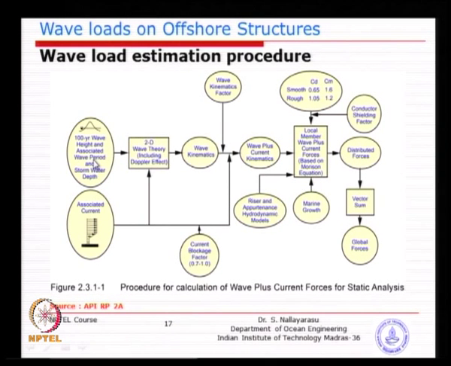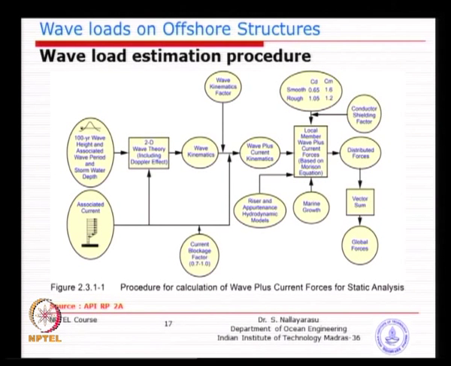Basically, the collection of wave data, 100 year, 1 year, associated current, and then combine them, and then wave theory selection depending on water depth, wave height, and the location, including Doppler effect. We are going to see what the Doppler effect is in the next few slides, and then calculate the water particle kinematics, and then use the reduction factors like wave kinematics factor or current blockage factor, and then come up with the combined wave and current effect.